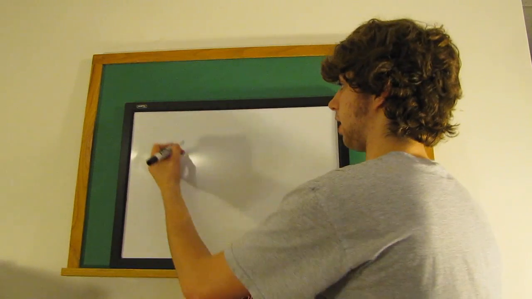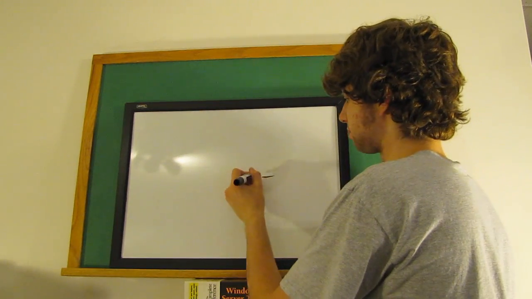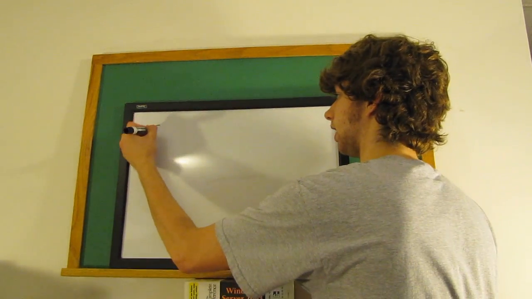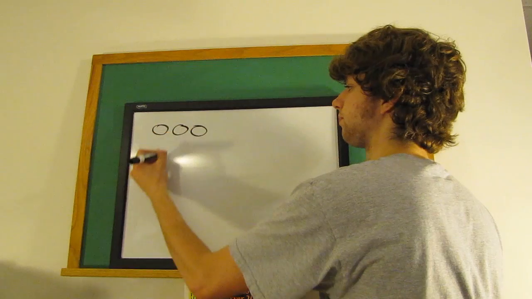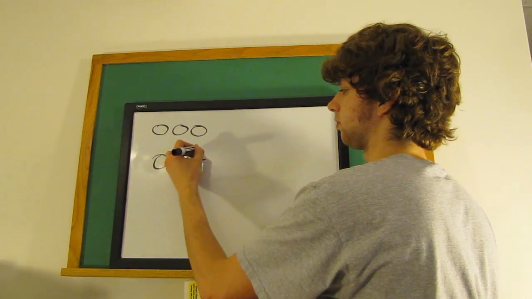Alright, so now I want to explain something you will probably run into when we're working with numbers in binary. Let's say we have a 3-bit word. That means there's 3 spots that we can have either 1 or a 0. Well, let's write out every single possibility. We could have 0, 0, 0, 0, 0, 1.